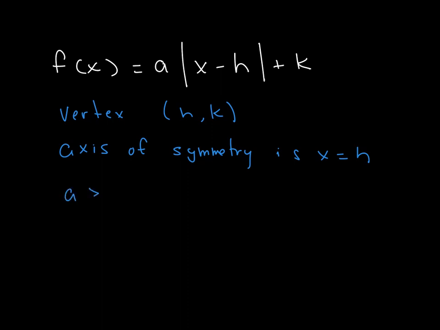If a is greater than 0, it opens up. And greater than 0 is just another way of saying it's positive. If a is less than 0, the function will open down.